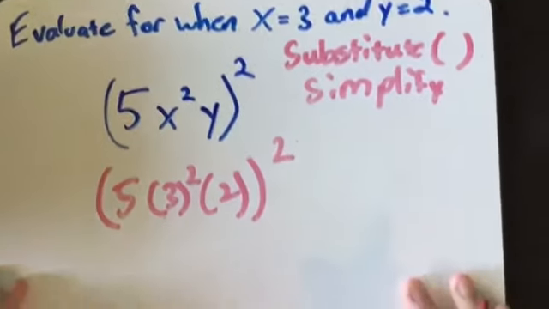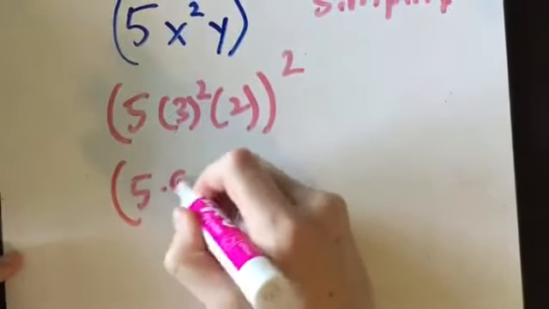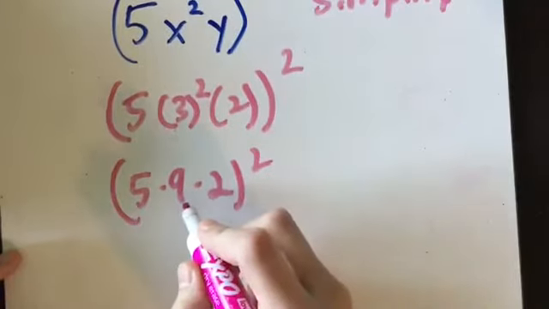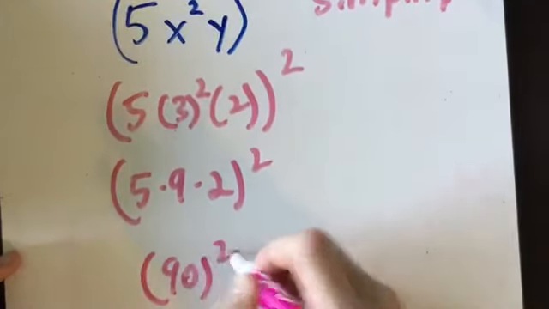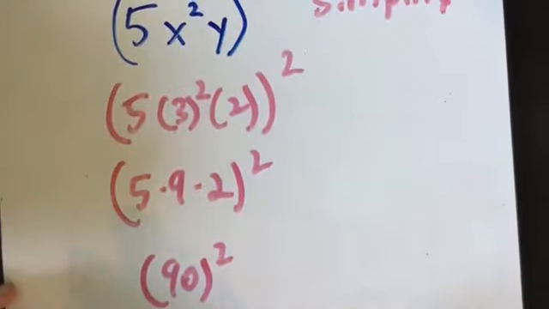We're following our order of operations. 3 squared is 9, so that makes this 5 times 9 times 2 to the 2nd power. 5 times 9 is 45, times 2 is 90, so that's going to be 90 squared, which is 8,100.